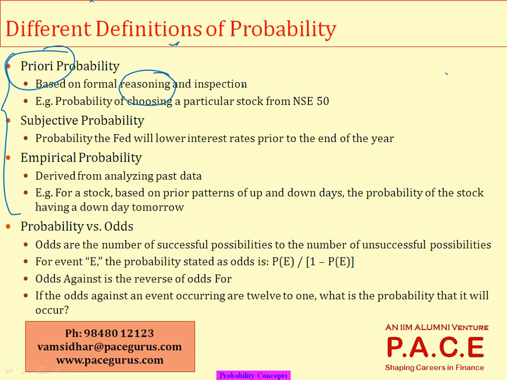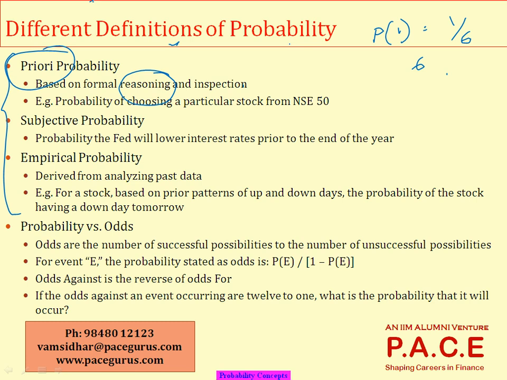Let's say I am throwing a dice. There are 6 possible outcomes. If I assume that all the outcomes are equally possible, then the probability of getting a 1 when I throw a dice is simply 1 out of 6, because I am making a reasonable assumption that the die is fair and all 6 outcomes have equal chance.